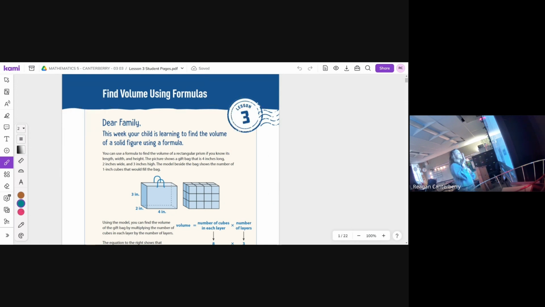Now, in lesson 3, we're moving on to using formulas because this is a more efficient way to find volume. So this week, there are going to be 2 ways that they learn how to find volume. The first formula is volume equals length times width times height, which we started with last week, but we didn't dive into it too much.